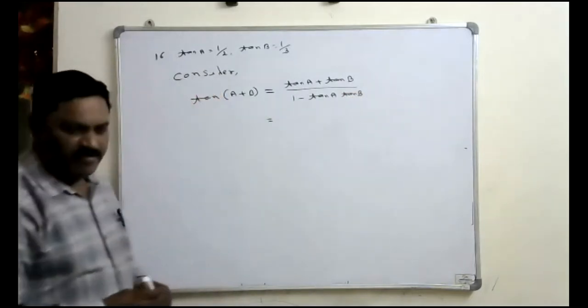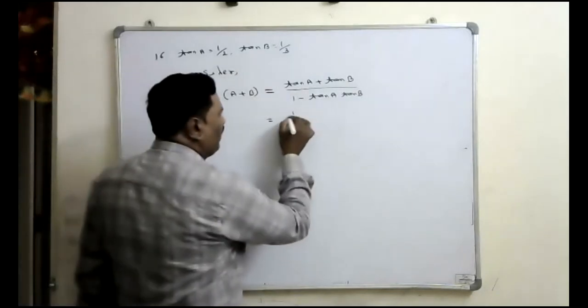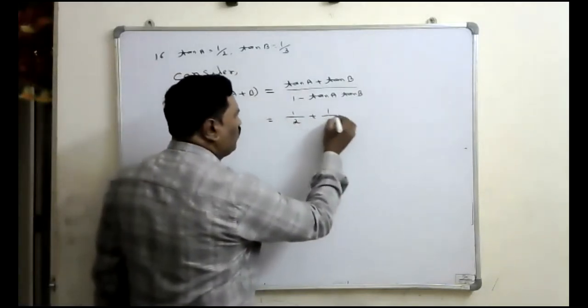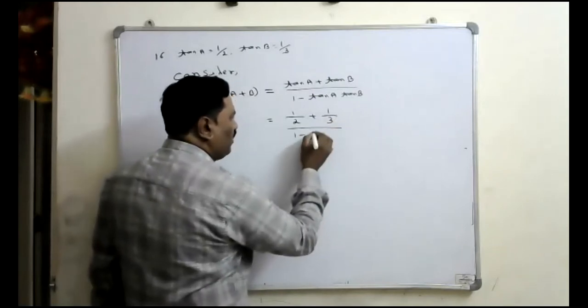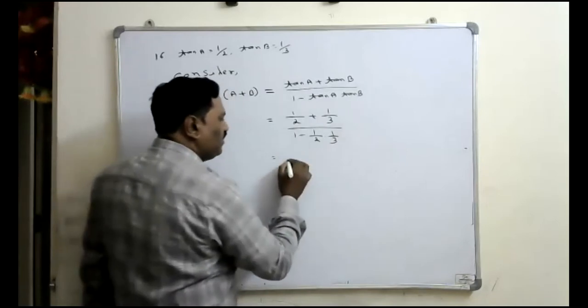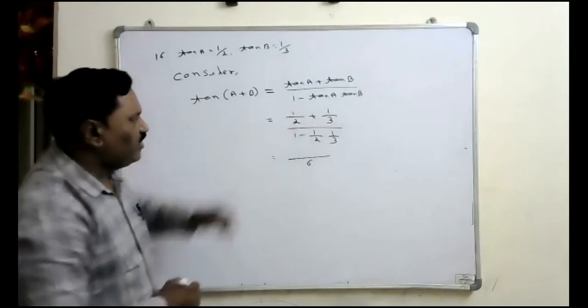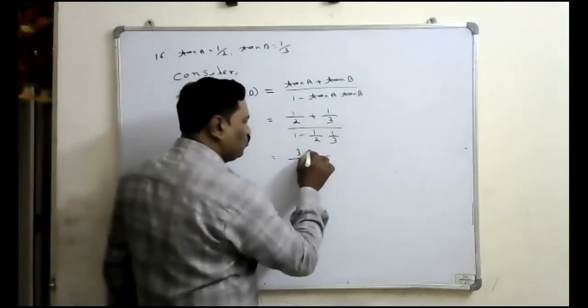So tan A value and tan B value were given. We will substitute them. Tan A means 1 by 2 plus tan B means 1 by 3, upon 1 minus 1 by 2 into 1 by 3. Then the LCM in the numerator is 6. In the numerator, 3 into 1 is 3, plus 2.